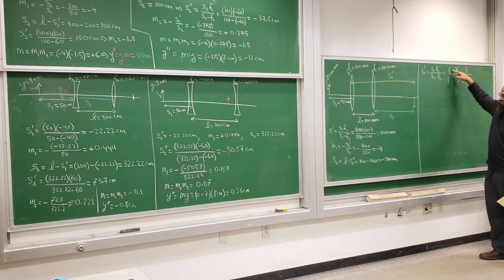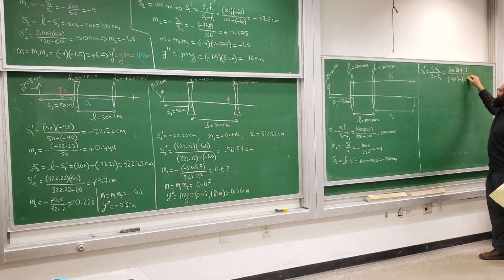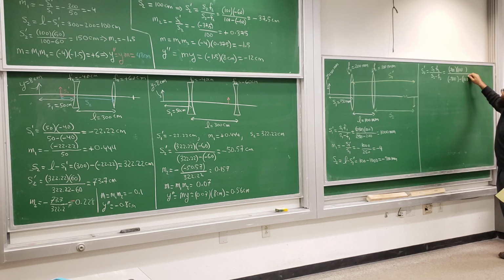S2 is how much? Yeah, minus 900. F2, 100. Minus 900 minus 100, right? So on the denominator I have minus 1,000. On the numerator I have minus, I guess, 90,000 or 9,000?